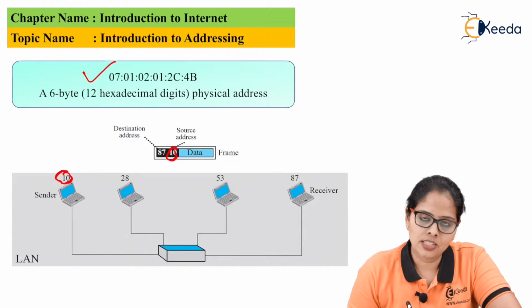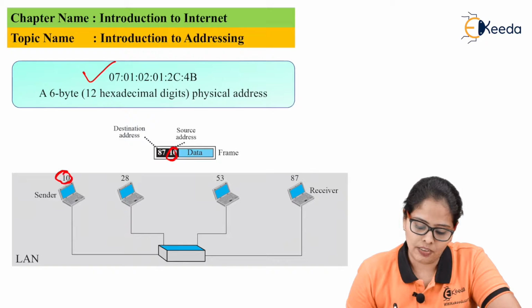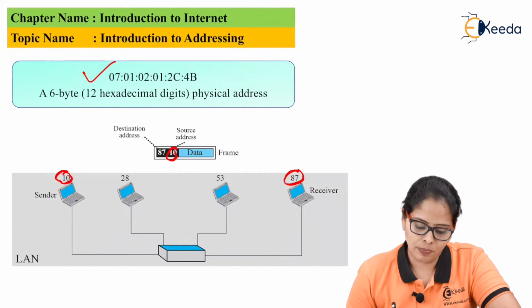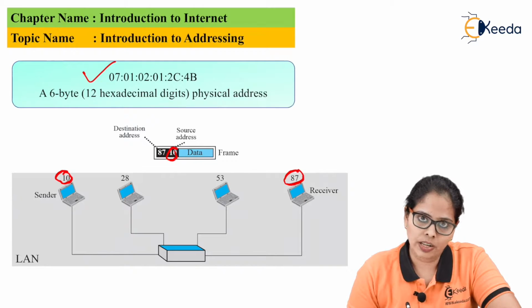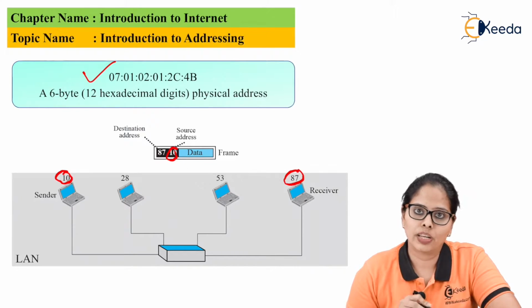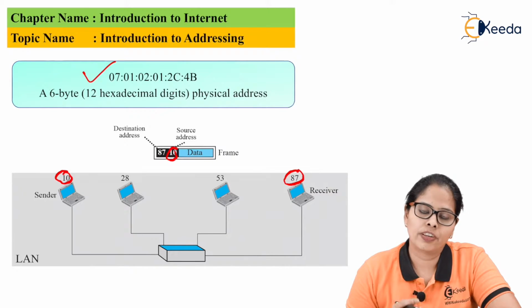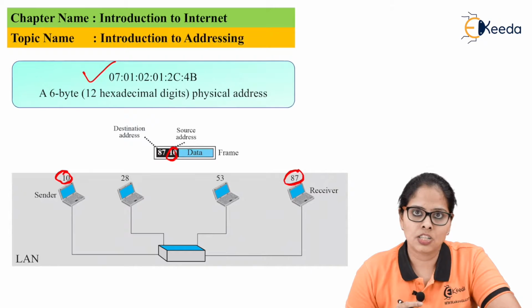And 87 is my destination address. So this PC is acting as the receiver. So this frame is sent by this sender to this receiver. Whenever data is converted into a frame, each frame contains the destination address as well as the source address.